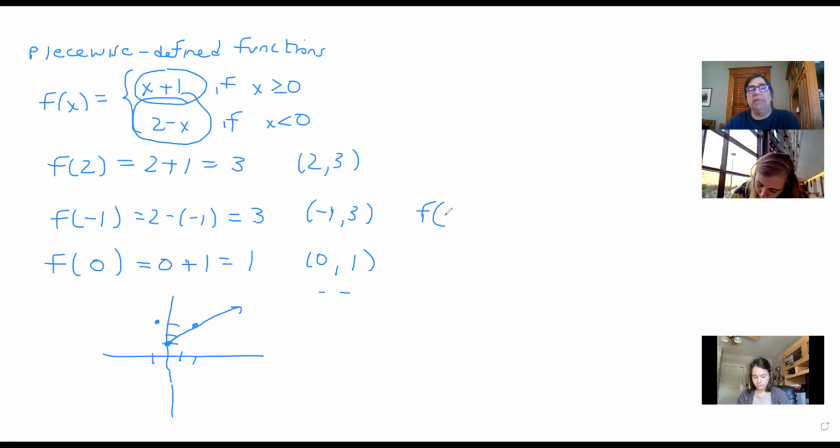So let's use maybe -2. So 2 minus -2 would be equal to 4. So the point -2, 4 is also on the graph. So here is -2, 4. So the graph will pass through these 2 points right here.